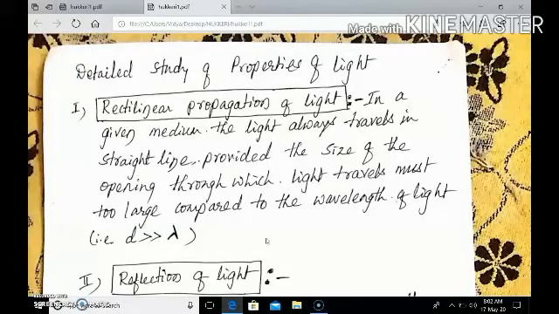Suppose we consider a small hole, the size of the hole is too small compared to the wavelength of light, then light passing through that hole bends. Provided if the hole is large enough, then the light travels along a straight line.